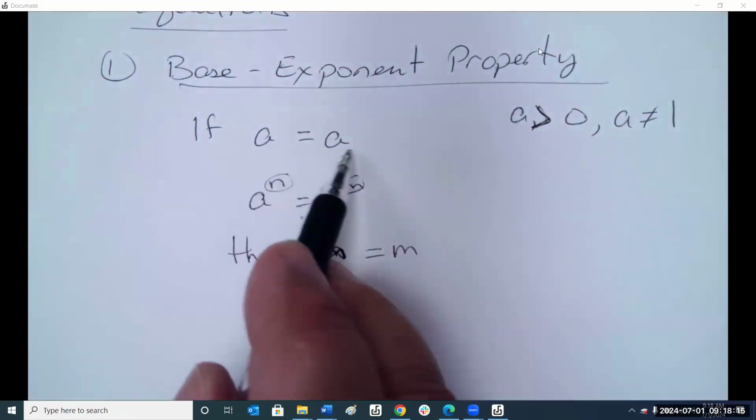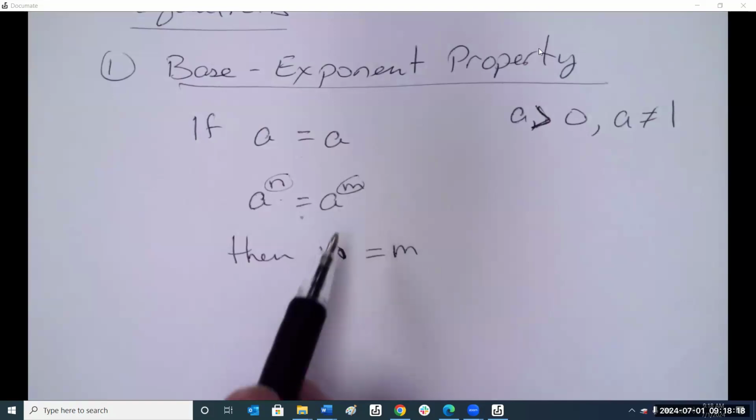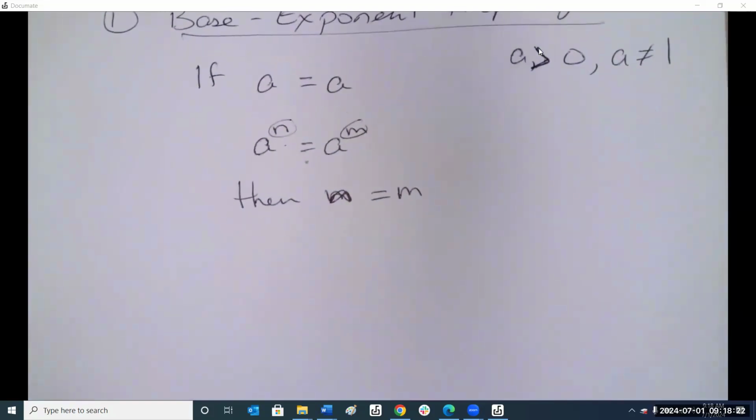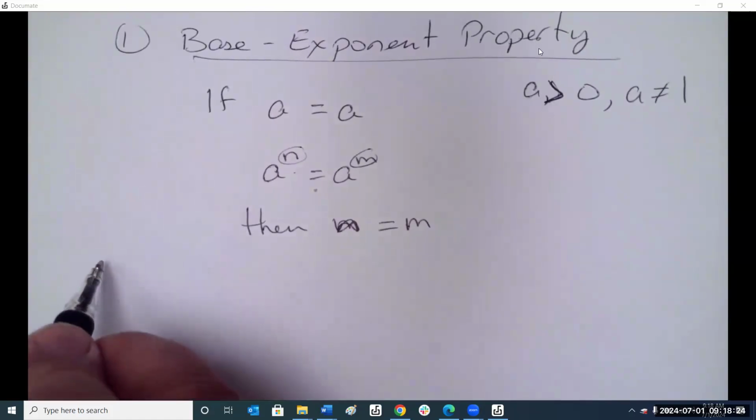So if that's true, and you raise those to the power, then that must be true. That's the first one.